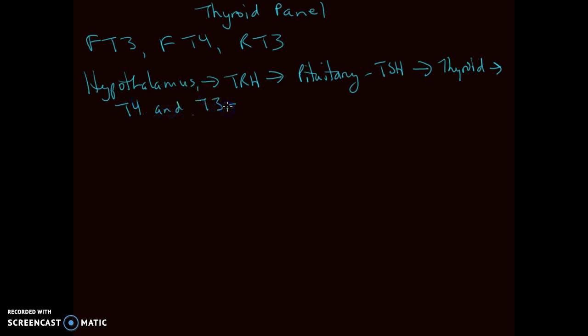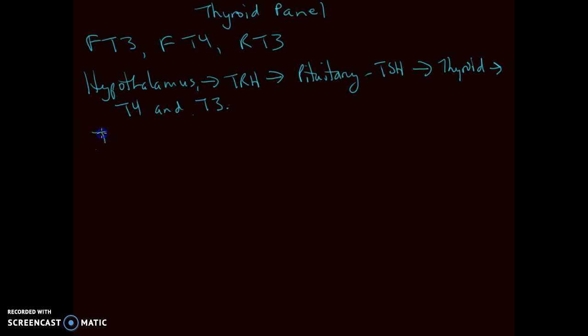T4 and T3 are iodine-containing hormones. T4, which is thyroxine, has 4 iodine molecules, and T3, which is triiodothyronine, has 3 iodine molecules.